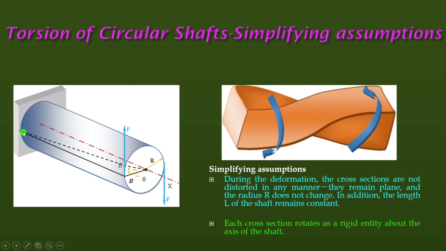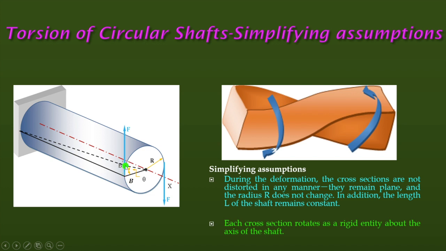Let's consider before applying this torque. Torque means here force into distance: this applied equal and opposite force into the distance between these two forces. So under the action of this torque, this line moves to this line due to torsion.